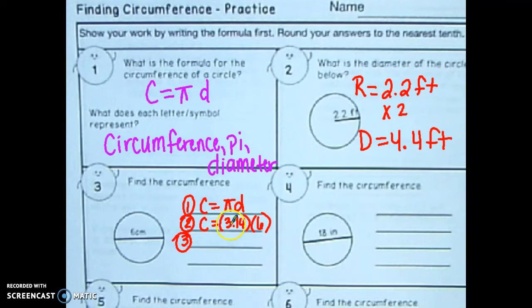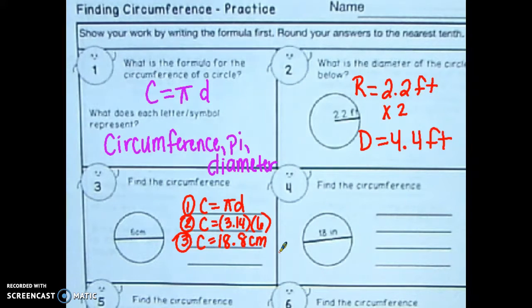And you literally type 3.14 times 6. And that gives you 18.8 centimeters. Remember to pause this video as you are going along. You try number 4 and then hit play and watch me work it out. That way you are learning as you go and you're grasping this information.